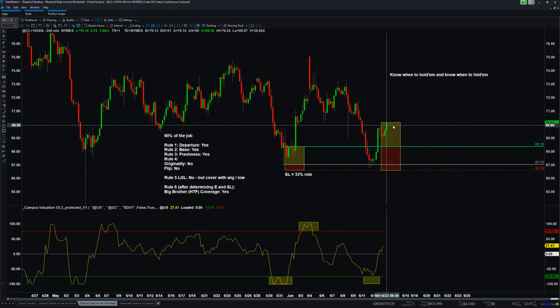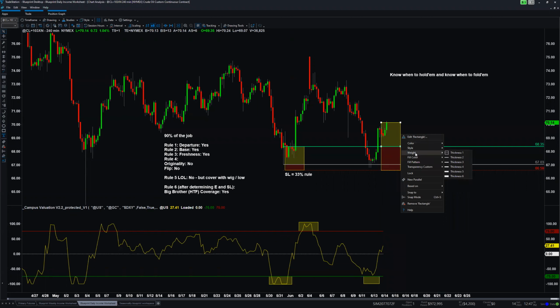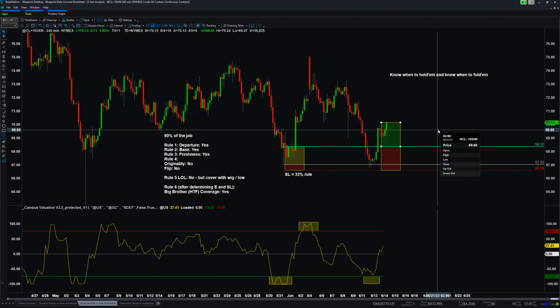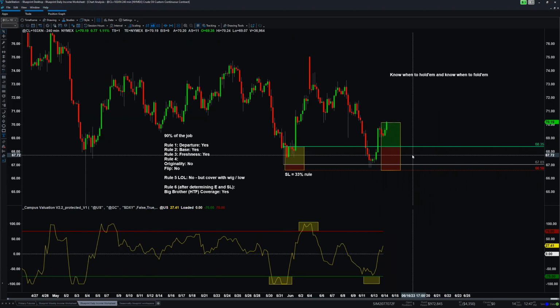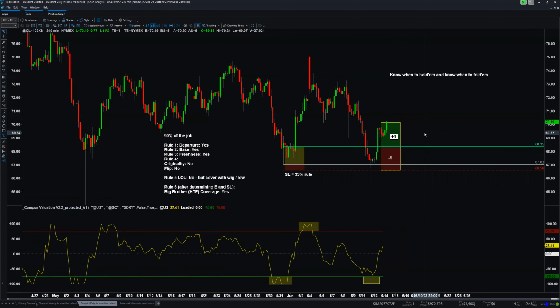So price traveled the same size of risk that we had. So -1, that could have been a $100 trade, that could have been a $200 trade, that could have been a $1,000 trade, or just a 1% risk trade. And here we are at +1.